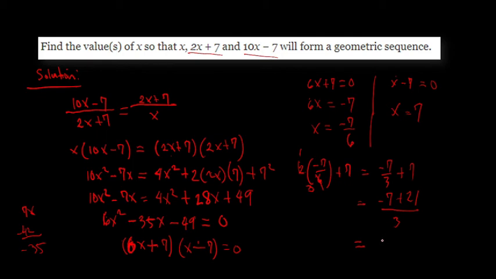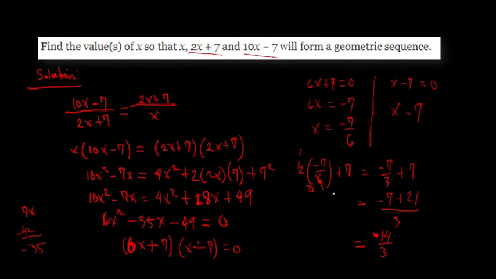So it is 14 over 3. Ay no, wala lang negative. 14 over 3 lang. So the second term is 14 over 3.